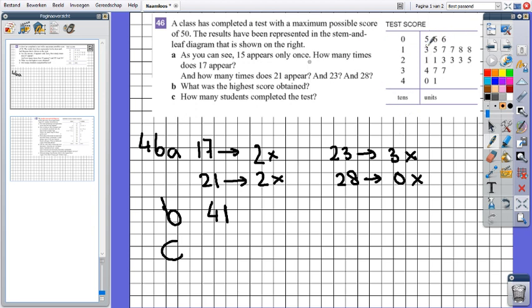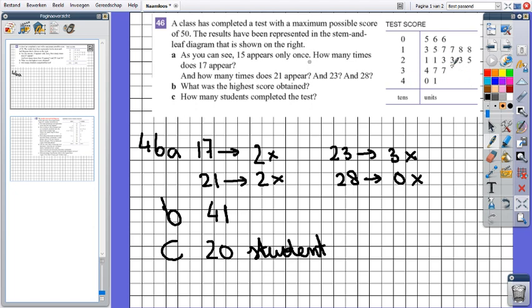So 3, 4, 5, 6, 7, 8, 9, 10, 11, 12, 13, 14, 15, 18 and 20 in total. So 20 students completed the test. So do not count the tens, right? Only count the units, because those represent the scores that you have gotten.